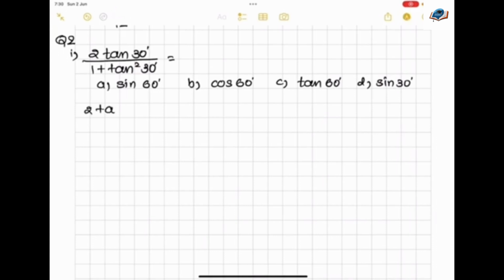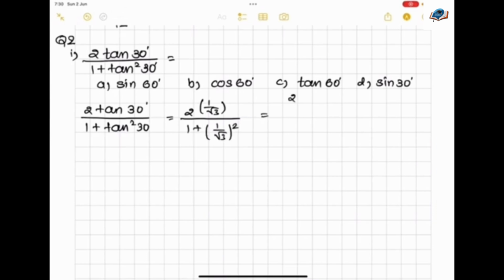So 2 tan 30 upon 1 plus tan square 30, let us put the value and check. So that will be 2 into tan 30, which is 1 upon root 3, upon 1 plus 1 by root 3 whole square. So that will be 2 by root 3 whole upon 1 plus 1 by 3. So 2 by root 3 whole upon 3 plus 1 by 3.